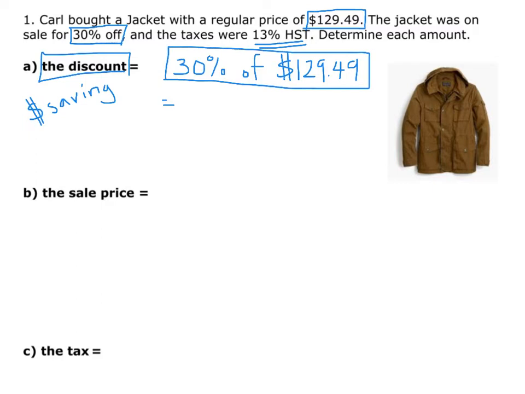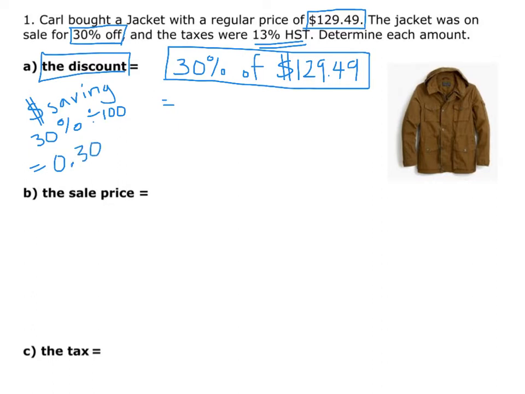Now, what does this sentence, 30% of $129.49, actually mean? Well, we should know from previous units what 30% is as a decimal. If we take 30% and you divide by 100, you're going to get that this percentage is actually 0.3 or 0.30 as a decimal.